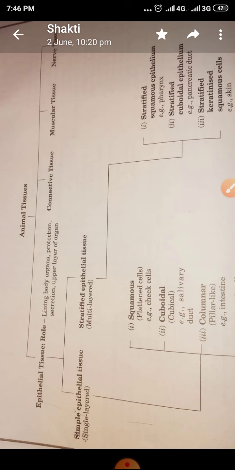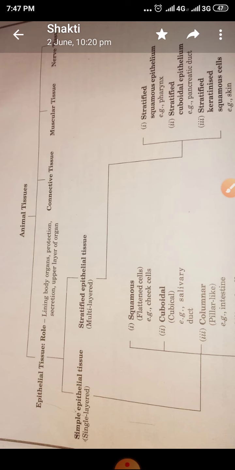For example, air sacs in the lungs that exchange gases have simple epithelium tissue, and blood capillary walls also have simple epithelium tissue to exchange materials easily.